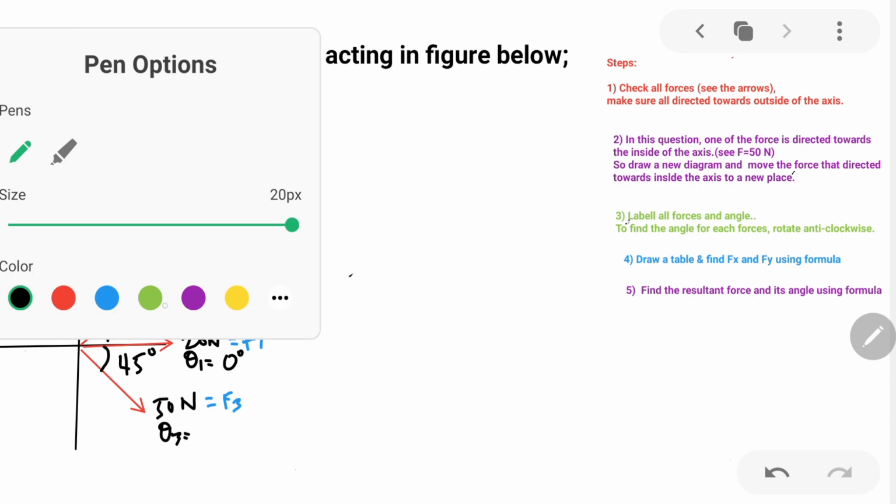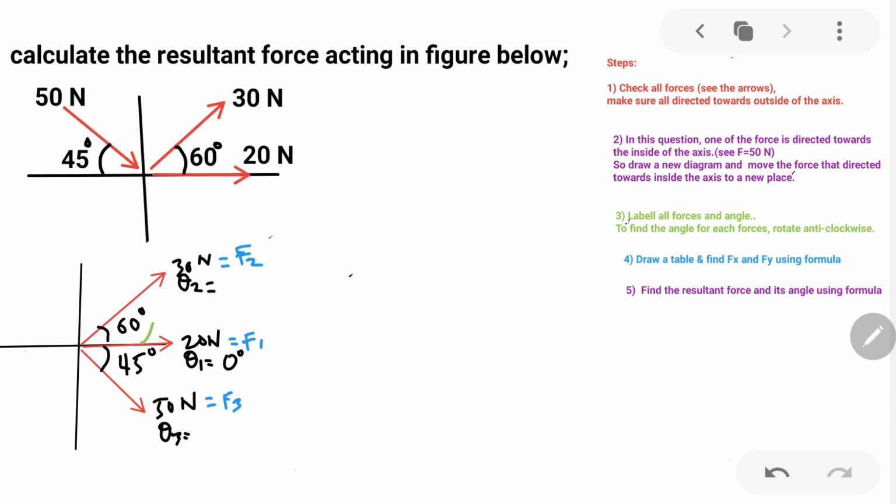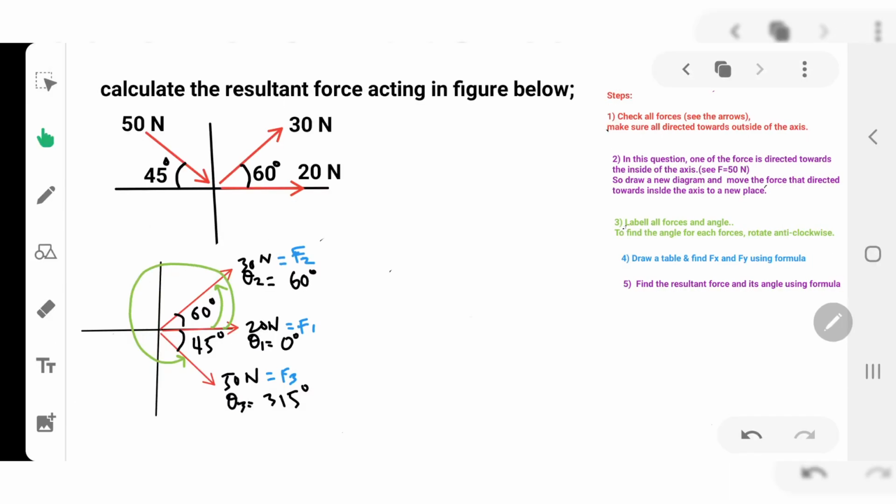For theta 2, as you make a rotation towards the respective force, you can see here that theta 2 is equal to 60 degree. And make another rotation until you meet the force that you need, which is F3. So the angle theta 3 is equal to 315 degree. Now we're done with labeling all forces.